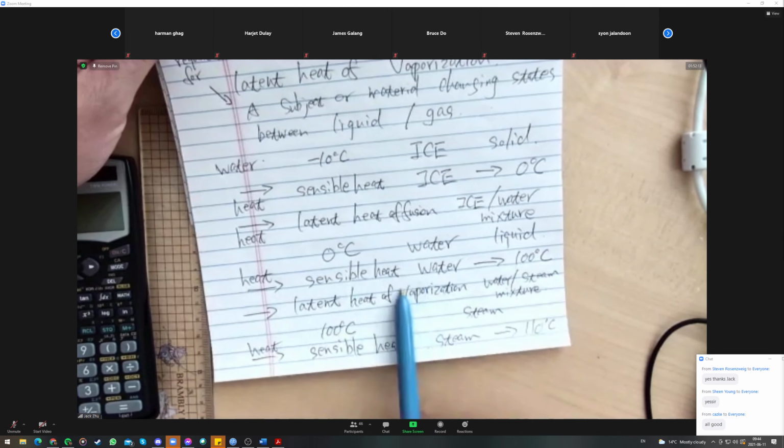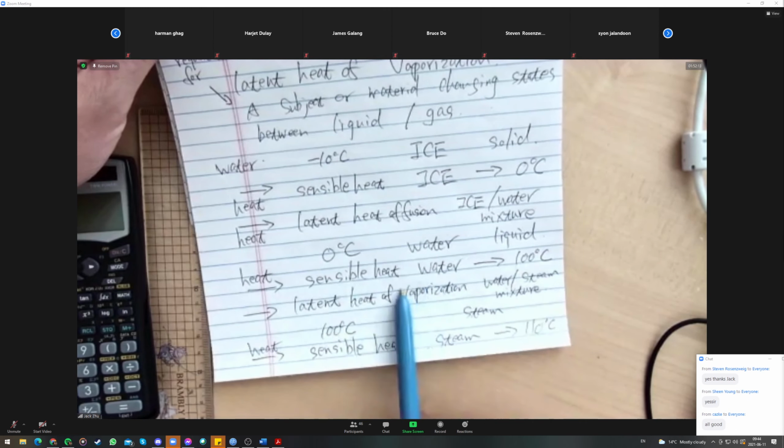The water temperature will start dropping, and between 0 and 100 degrees, the water is in the liquid state. Once it reaches 0 degrees, it becomes an ice and water mixture. You release the latent heat of fusion. Then you become solid ice at 0 degrees.